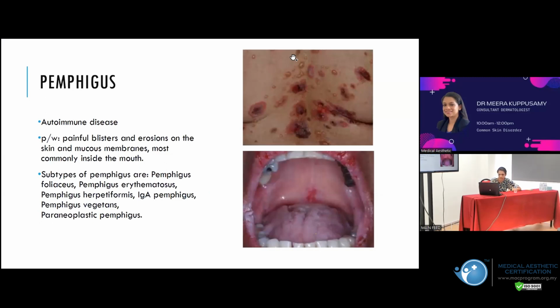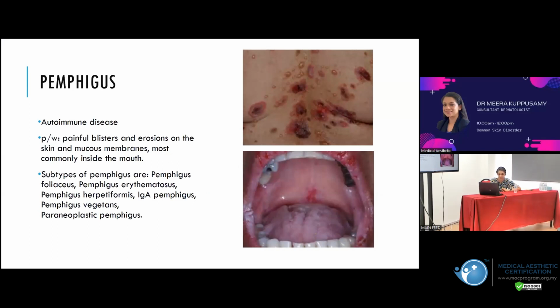Okay, blisters. Blisters can be seen in many conditions. A common one in dermatology is pemphigus, which is autoimmune blisters. It forms lesions inside the mouth and also on the skin. So it's very, very painful, and it is non-stop. Once the blisters resolve, it starts back again.